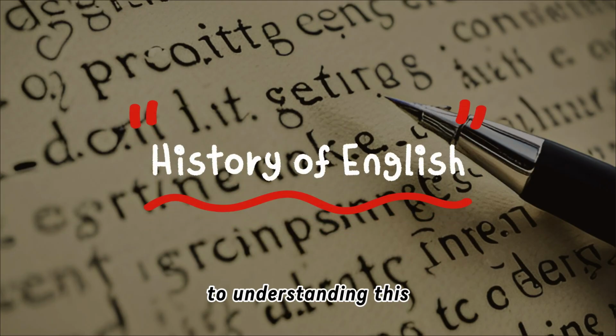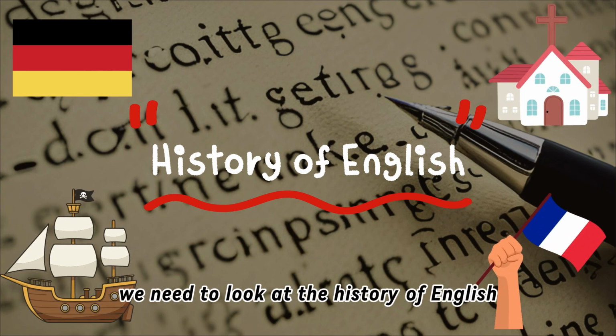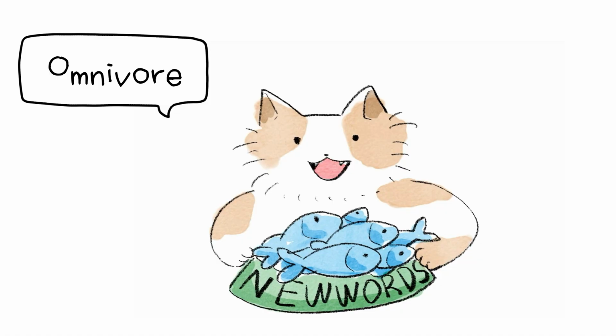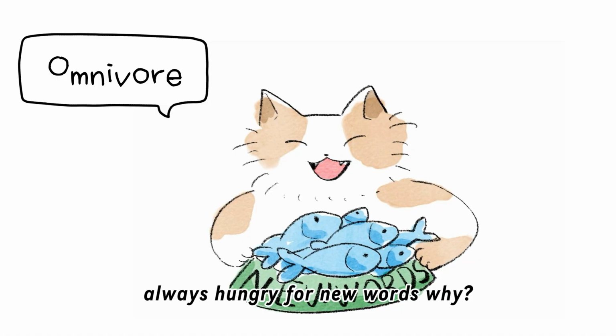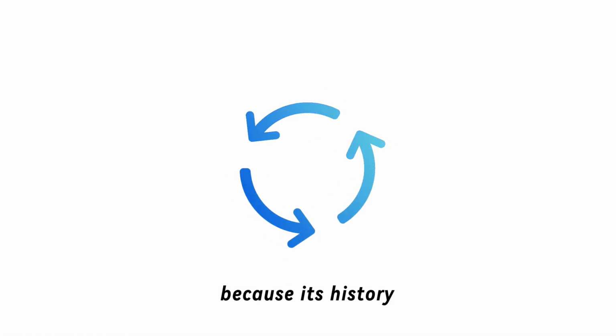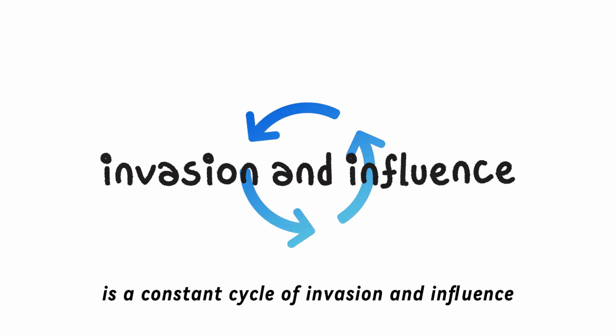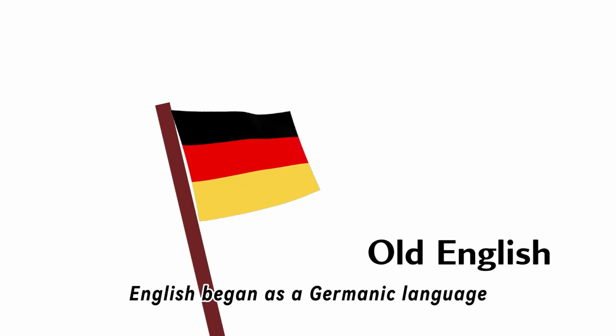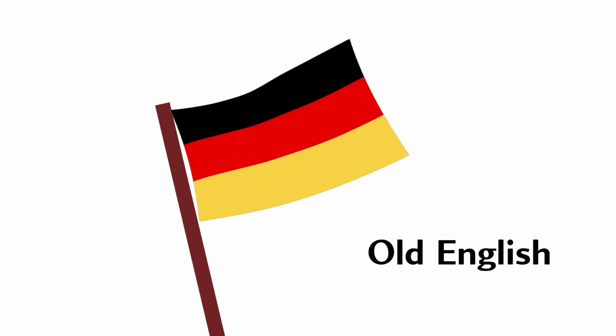To understand this, we need to look at the history of English. Imagine English is essentially an omnivore, always hungry for new words. Why? Because its history is a constant cycle of invasion and influence. English began as a Germanic language in the Old English period.